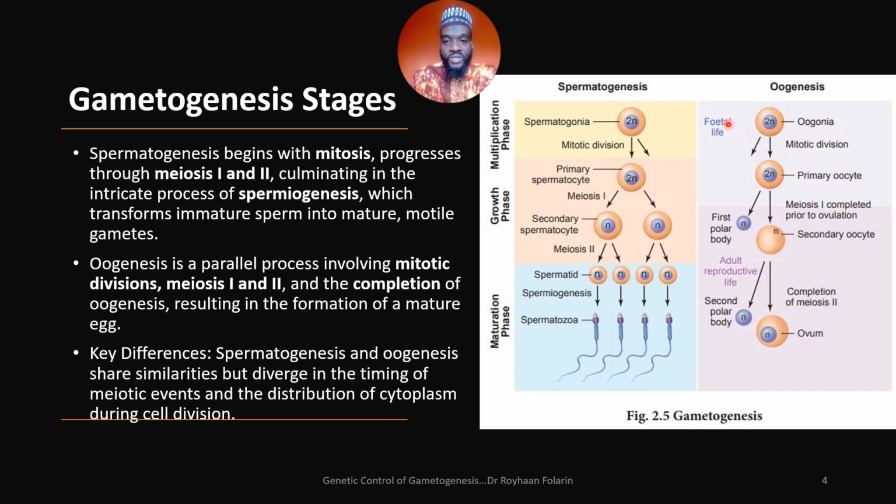So a number of the activities are completed during fetal life for the female. You have all of the eggs that a female will ever have being born with her. So at birth, you have the arrest of meiosis 1 in the female, and it only gets completed prior to ovulation, for all the eggs.